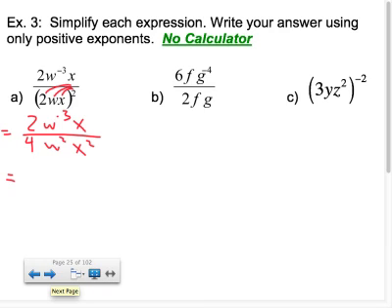And now I can simplify. The way I see it, we're dividing, so I've got to subtract all of my exponents. First of all, I'm going to take this 2 over 4 and make that 1 over 2. And then when you decide to subtract, all of your variables will stay on top for right now.